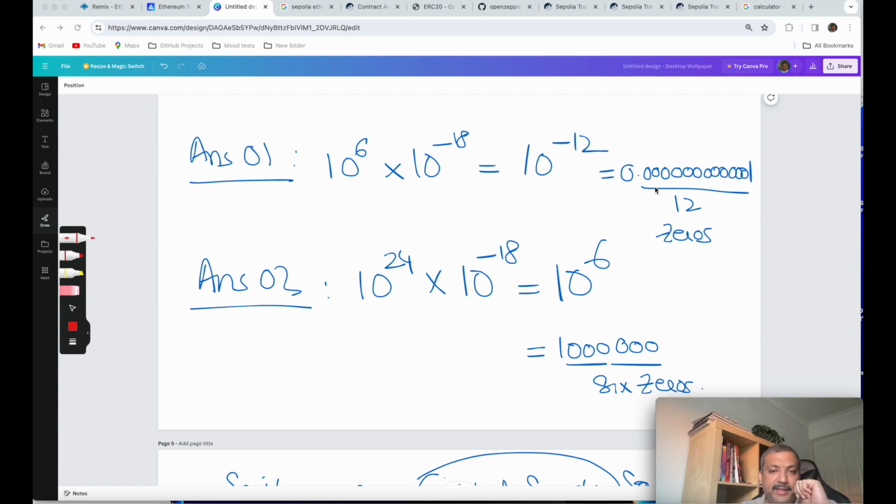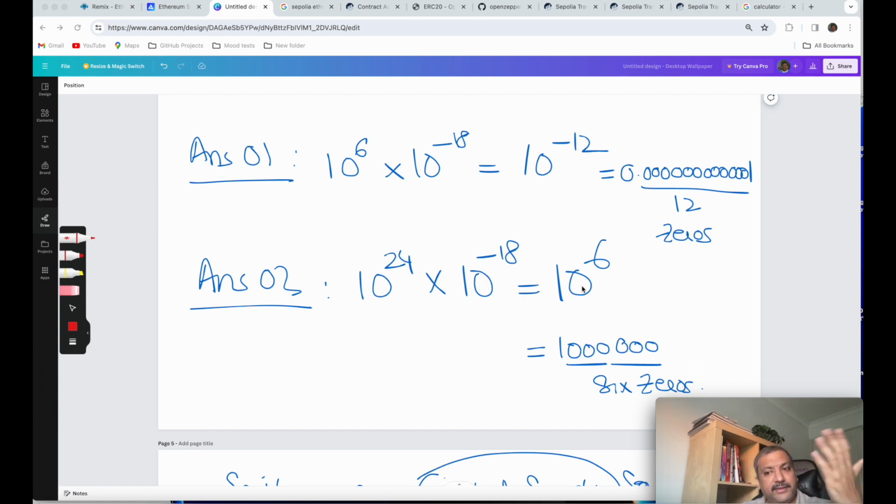Now, let's go on to the second part of the question. If in your initial supply you gave 24, when you were deploying your smart contract in your Remix IDE, that gets multiplied in the background by 10 to the power minus 18.